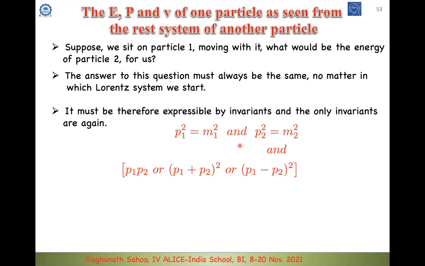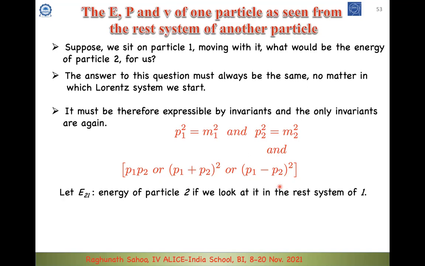This is p1 square, which is equal to m1 square, as you can show taking your 4-vectors. p2 square is equal to m2 square, and p1 p2, by definition the scalar product of 4-vectors, is invariant. And (p1 plus p2) square, you can show later, is related to your Mandelstam S in a two-body system, and that is also Lorentz invariant, and this will be equivalent to your Mandelstam T variable, so that is also Lorentz invariant. So that we are going to show slowly.